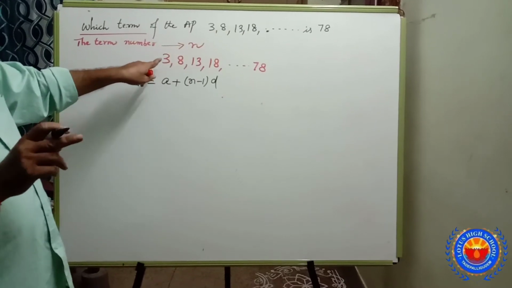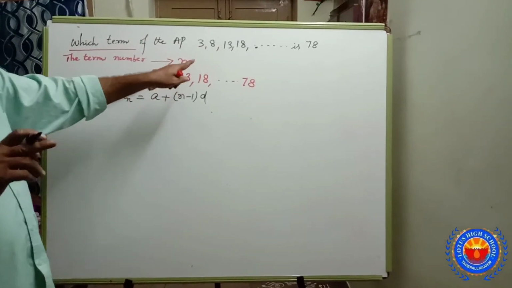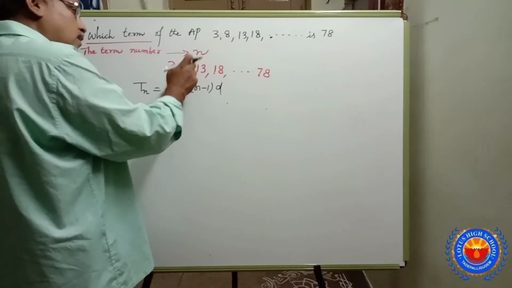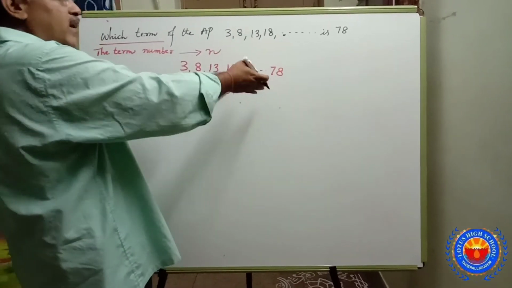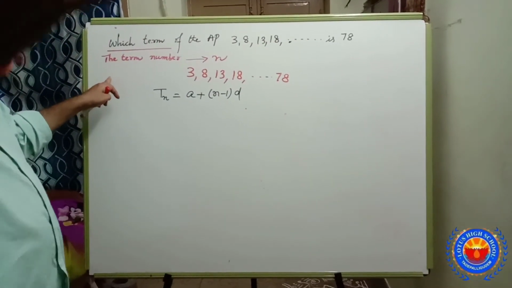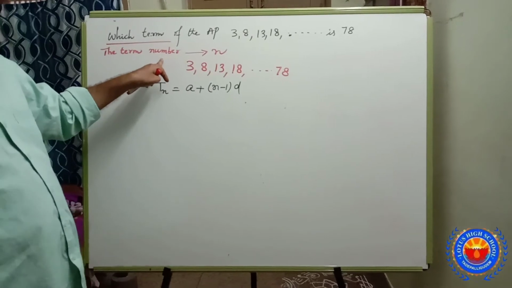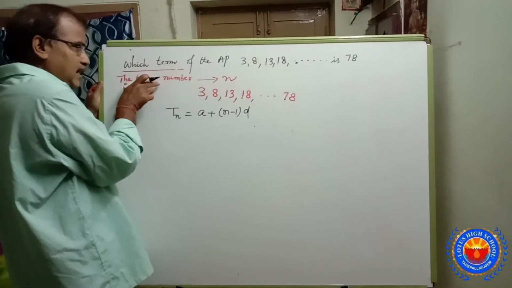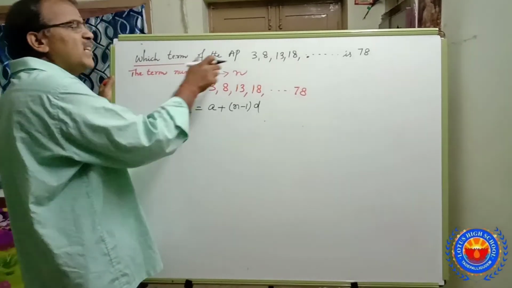In this, the AP is 3, 8, 13, 18 and so on up to 78. This is the first term, second term, third term, fourth term. It could be the 15th or 14th term or 17th or 16th. We don't know. That's why which term is equal to the term number, that is nothing but n.